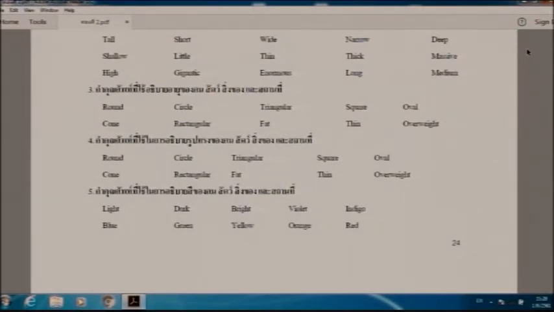Then we have violet. And then we have indigo. We have blue. As I said, some of the colors, I will not go deep in explaining them. My emphasis will be on the pronunciation.